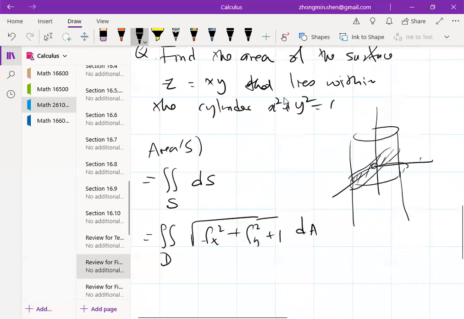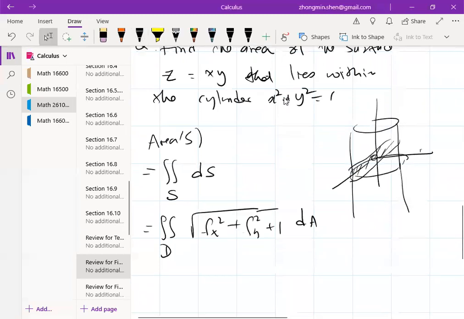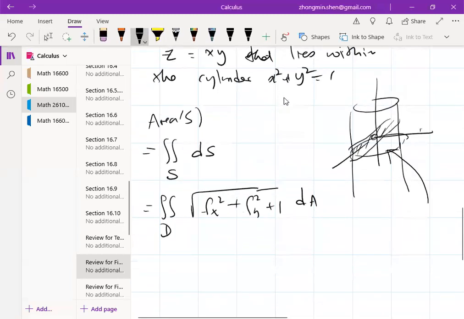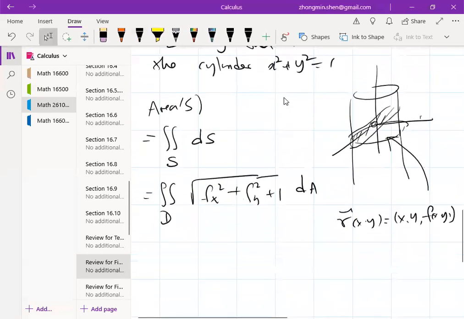The reason is you parameterize this. And then ds is nothing but this, given by this.